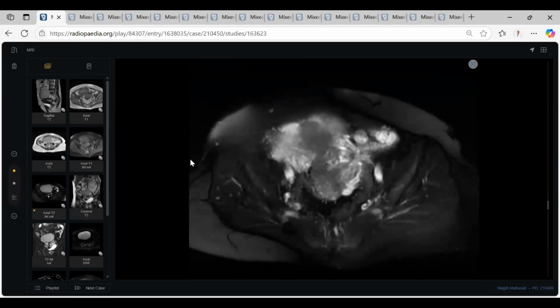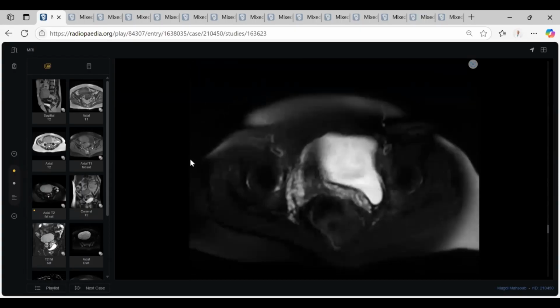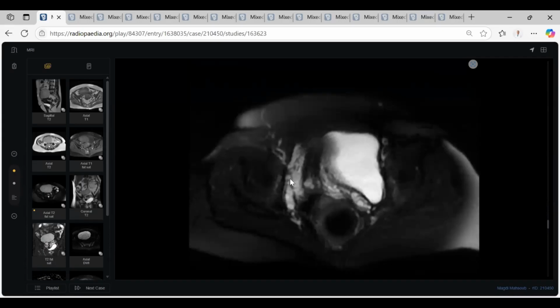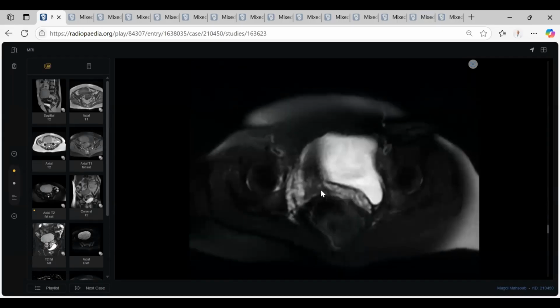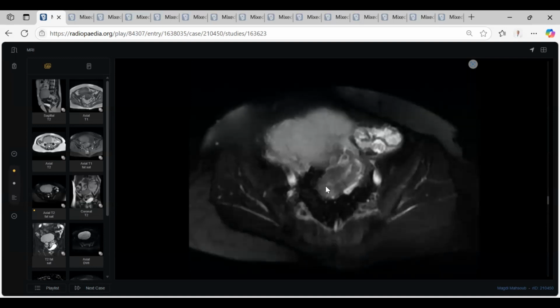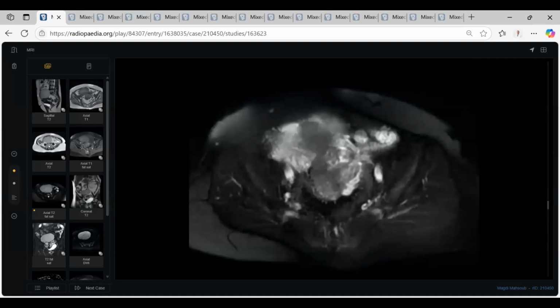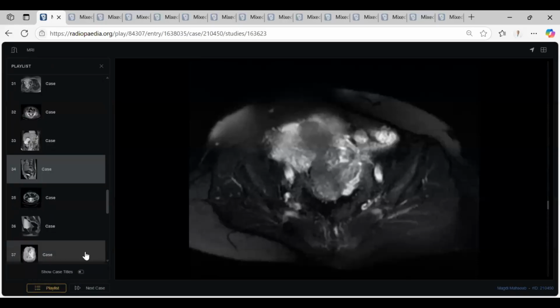What is the evidence? The uterus is shifted to the right. So this is a left origin. The pedicle is here on the left. Thank you, doctor, so much.